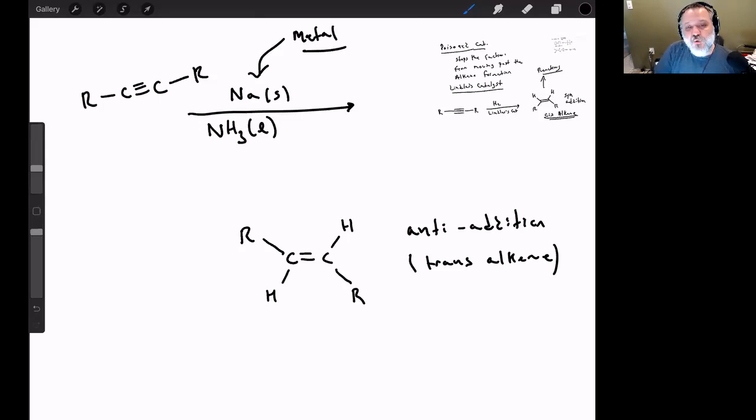What you're going to see over and over again is that if you're using a metal, most likely the reaction will involve a reduction. And so this is called the dissolving metal reaction or dissolving metal reduction.